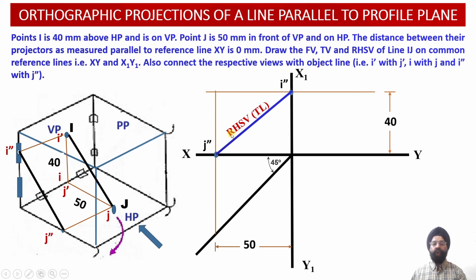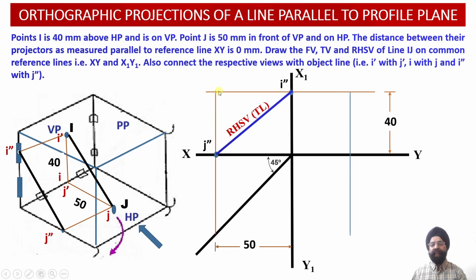So we have been able to obtain the true length projection in the right hand side view, which has been obtained on the left hand side of the front view. Having obtained these right hand side view projections, now we will proceed with the evaluation of the front view projections and the top view projections as well.